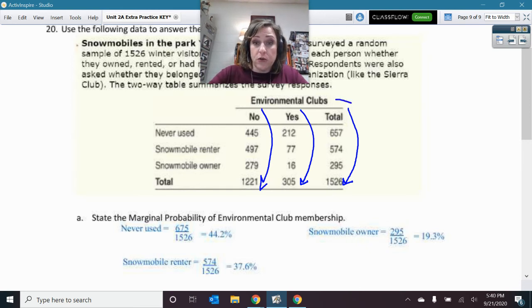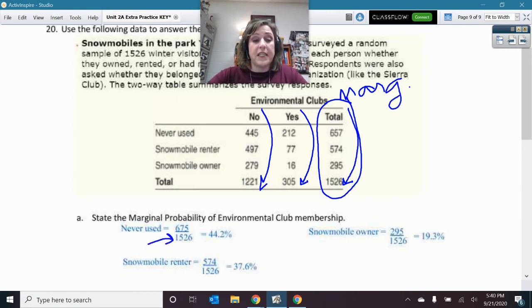Our marginal, of course, is going to be here. That's our marginal, because that's out of the totals, out of the total 1526. Overall, 44% have never used, overall 37.6% have been renters, and overall 19% have owned.